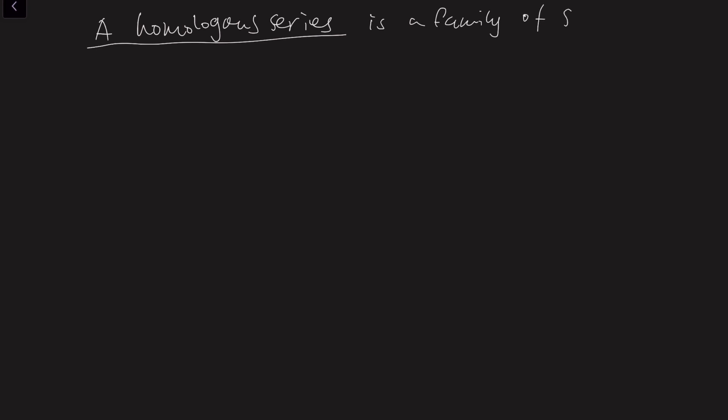Now let's move on to the discussion of homologous series. I already touched on this point in the first video when we talked about non-renewable energies. A homologous series, the formal definition, is a family of structurally related molecules with the same functional group.